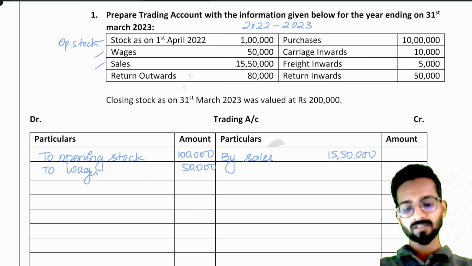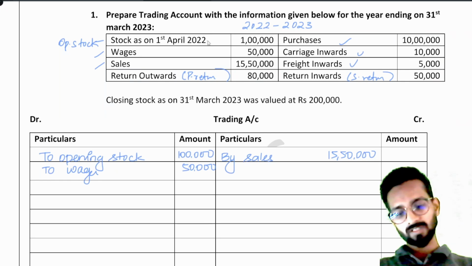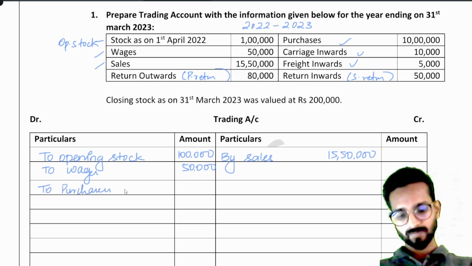Return outwards is purchase return. Return inwards is sales return. Freight inward, carriage inward and purchases. So now this we have written, wages we have written, sales we have written, purchases are how much? 10 lakhs. To purchases 10 lakhs.